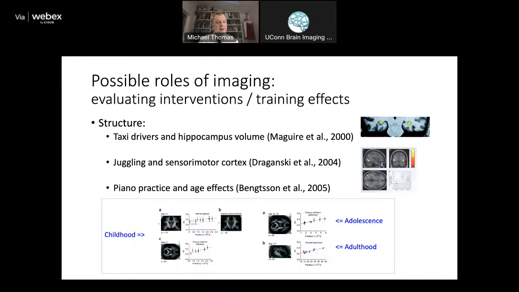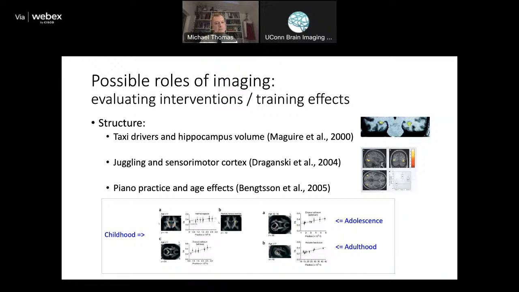There was a paper I quite like looking at piano practice and age effects. Amongst expert piano players, asking them to fill in questionnaires about how much practice did they do at different ages, and then using that questionnaire result to correlate differences in white matter, and finding that if you practiced massively in childhood, you could find differences in more low-level sensory areas, in white matter tracts.